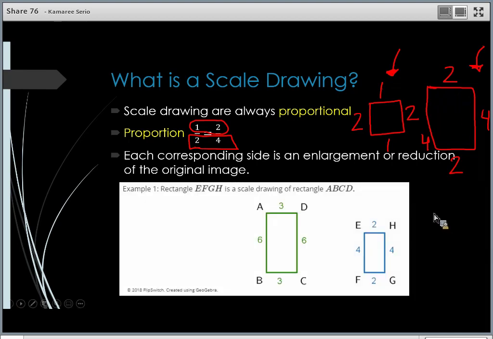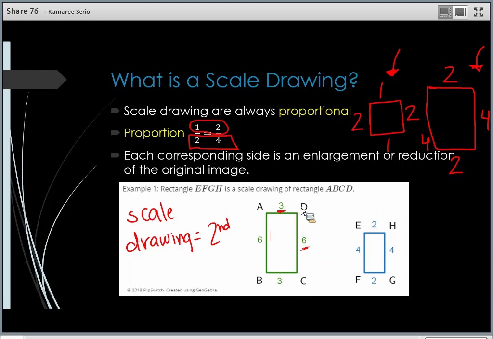So here's an example. It says that EFG, so this rectangle over here, is a scale drawing. Another thing to note is that scale drawings are always the new image. Scale drawings always come second. So that means that for the first rectangle here, notice how this top side is 3, which is smaller than 6, right?